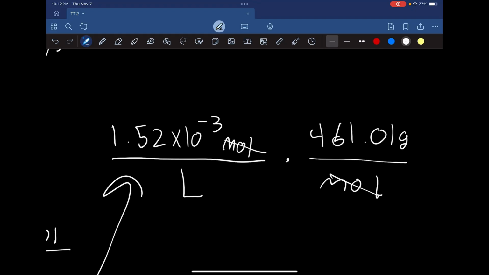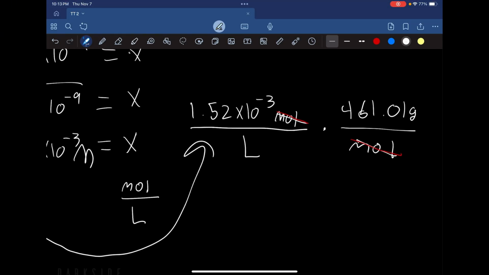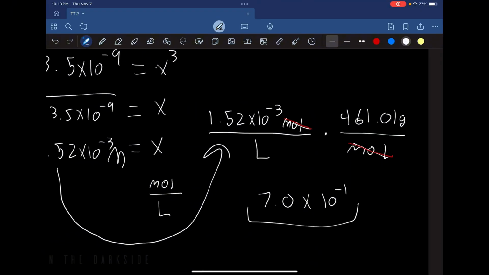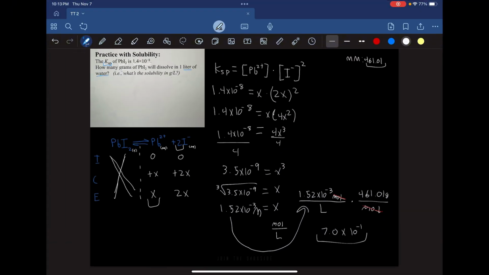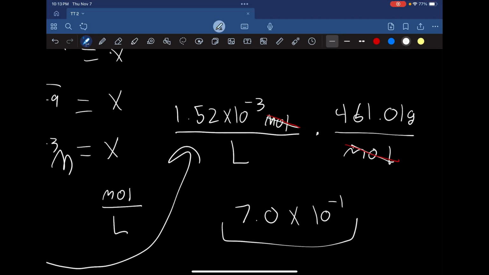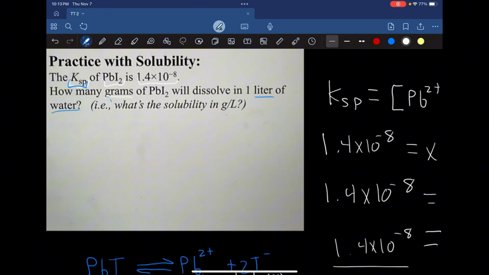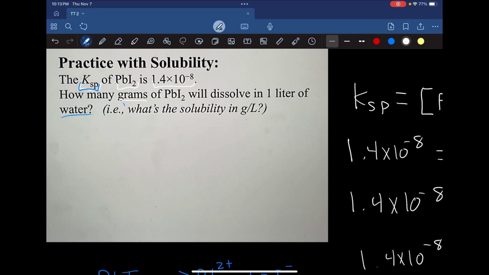So the moles cross out, and we get 7.0 times 10 to the negative 1. And that's your answer for how many grams. So grams per liter. Of course, we can just ignore the water because it's already in liters.